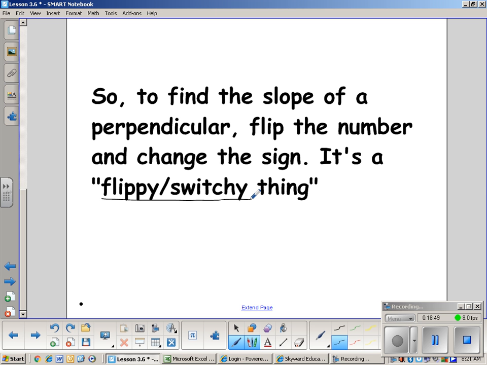I'll say, remember that flippy switchy thing? And so to find the perpendicular slope, we flip the number over and switch the sign. So to find the slope of a perpendicular, flip the number and I should change my word change to switch, so it matches my flippy switchy phrase.